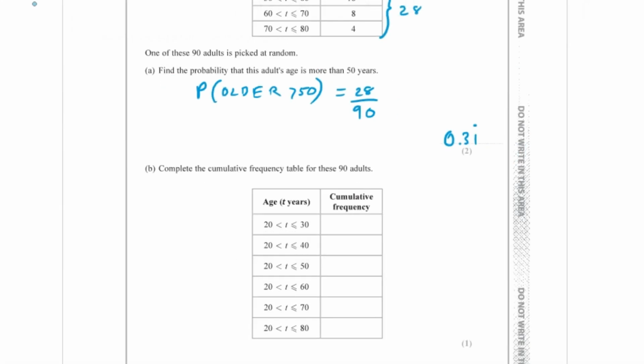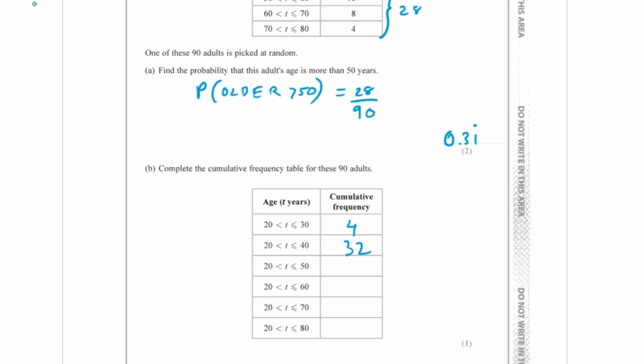The next section is a cumulative frequency table for the 90 adults. We need to state how many adults are between 20 to 30 years old. Well, we know that that's 4. And how many are between 20 and 40 years old? Well, that'll be the first 2 rows together. So 4 plus 28, which is going to be 32. And how many are between 20 and 50?